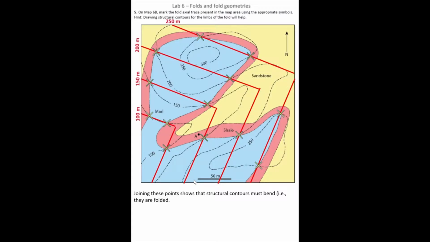They have to, in other words, fold, which is kind of what we'd expect since we're dealing with folded rocks. So these structural contours show the dip of that contact between the blue and the red unit in different parts of the fold. So you can probably guess where that hinge line is going to be.